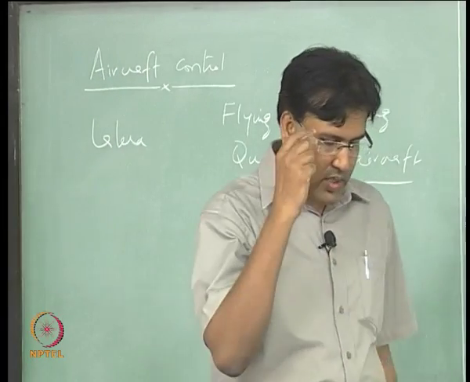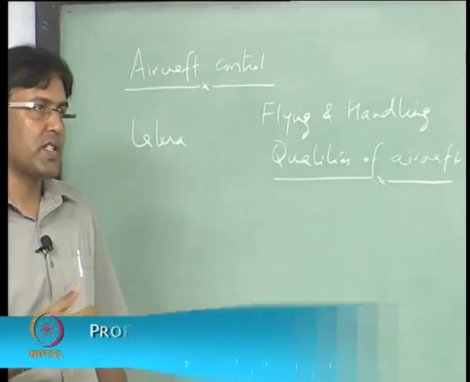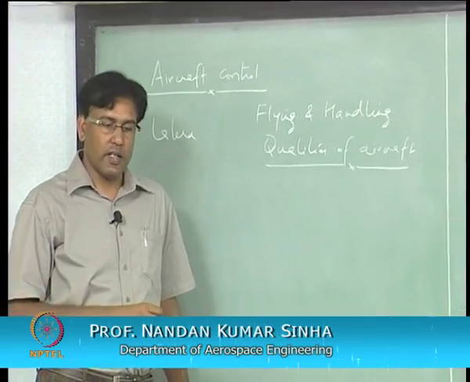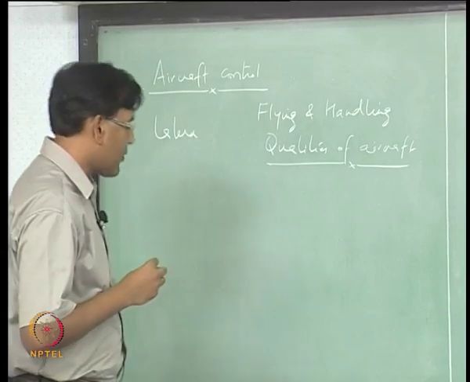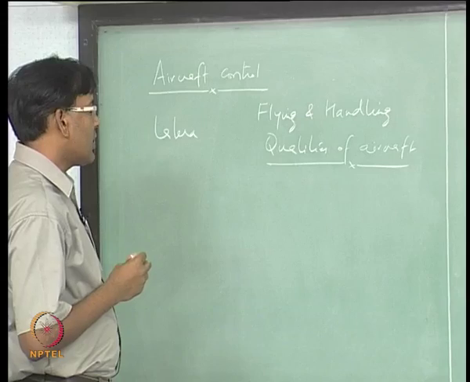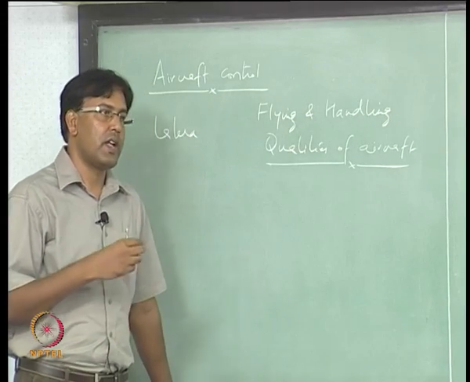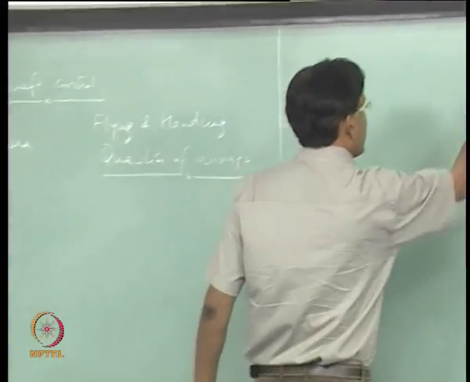And these qualities were based upon which class of aircraft, which category of flight, and the levels, and all of them were related to where the eigenvalues of the aircraft dynamic modes are located in the complex plane.